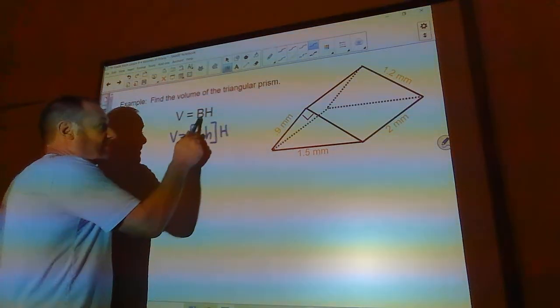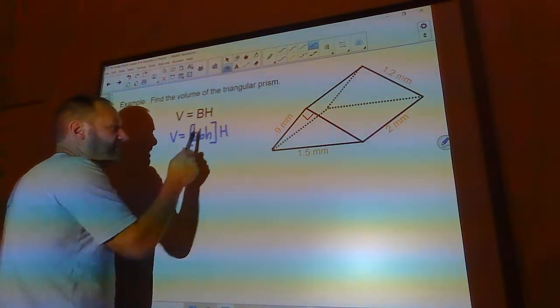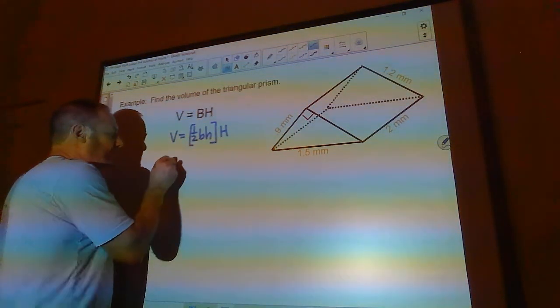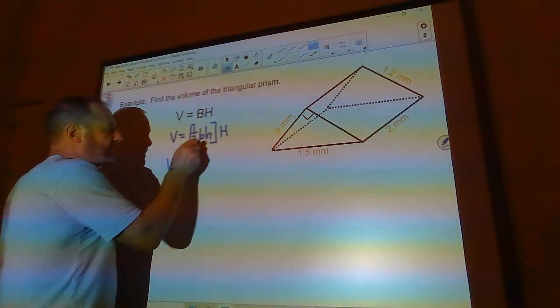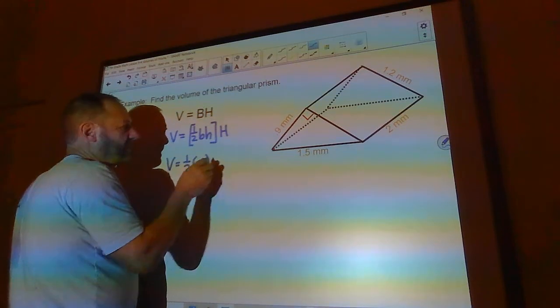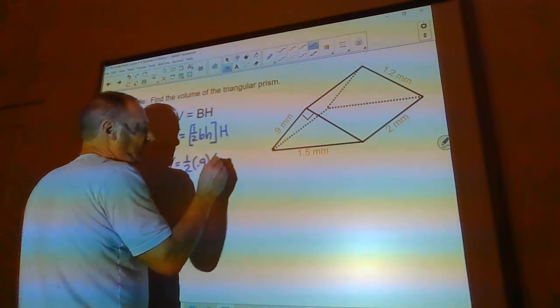Okay. Notice I have a big B and a little b. This is the area of the base. This is the length of the base of the base. So that would be this right here. So now we just plug in the numbers. So the length of the base would be 0.9. The height of the base would be 1.2.